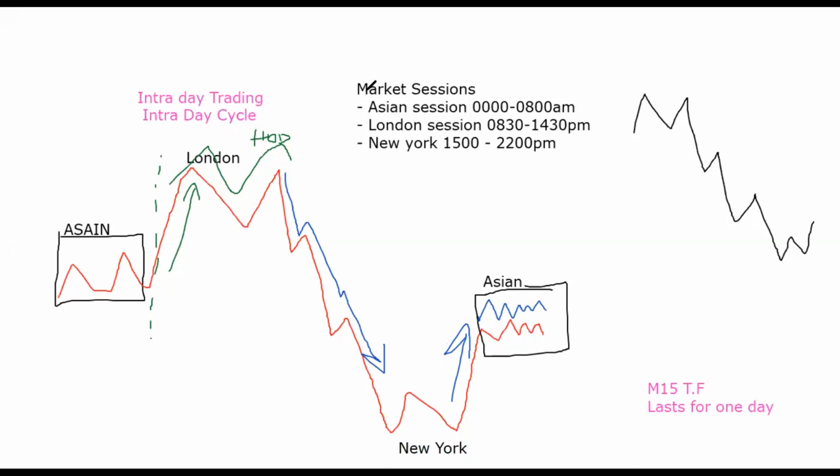So you find that on Asian, we have pairs such as NZD, JPY, AUD. Then when we go to London, you'll find that we have pairs such as GBP, Euro.